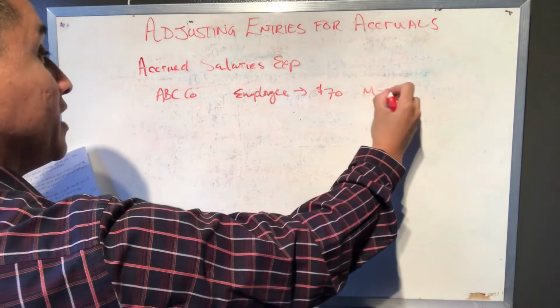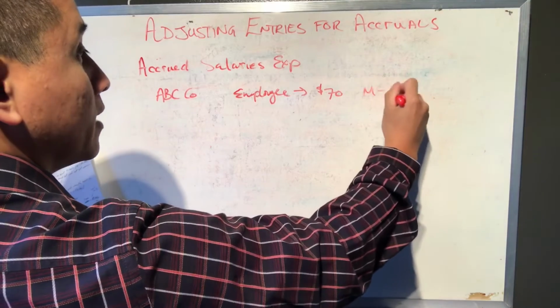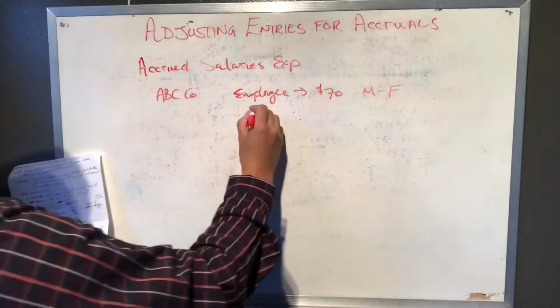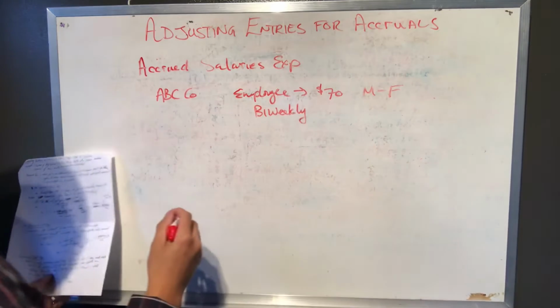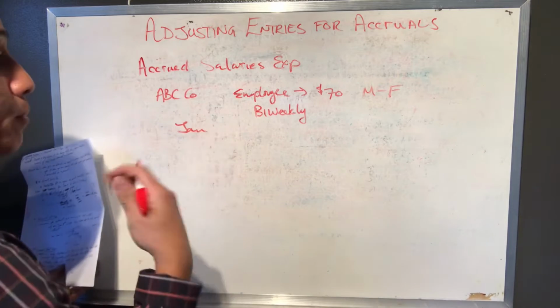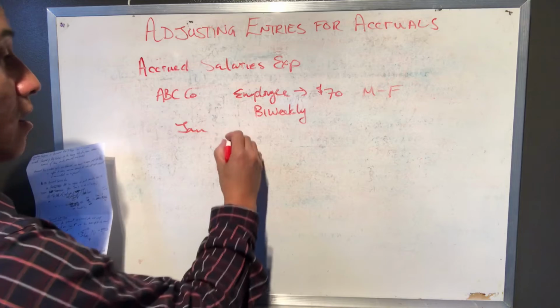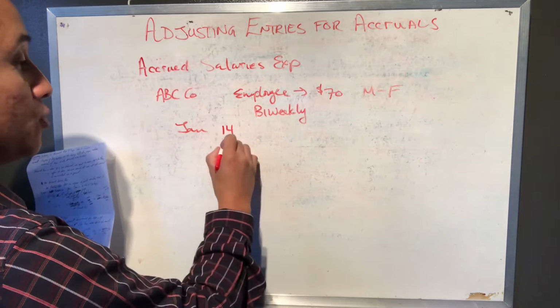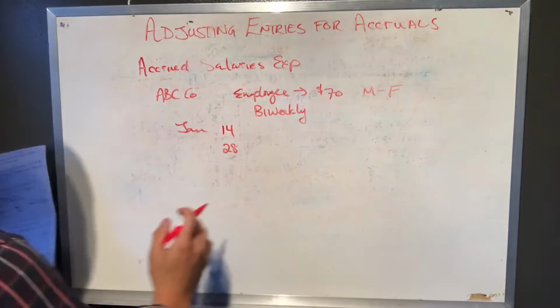They work from Monday to Friday only, and they get paid bi-weekly. So let's say, for argument's sake, that in January, the two bi-weekly periods end on January the 14th and the next one on the 28th. And that's on a Friday that it ends off.